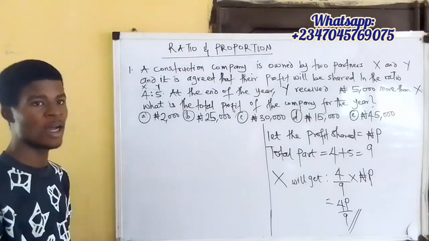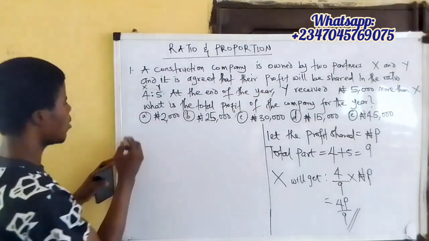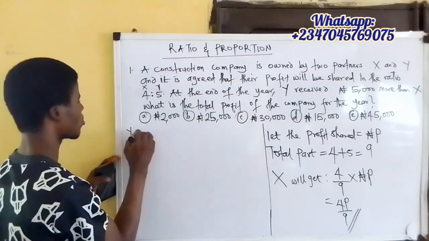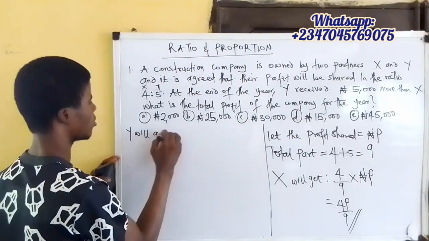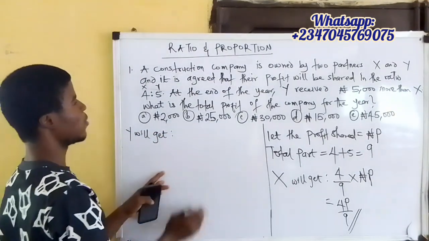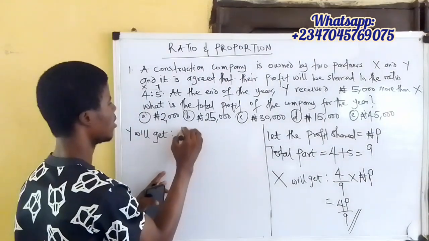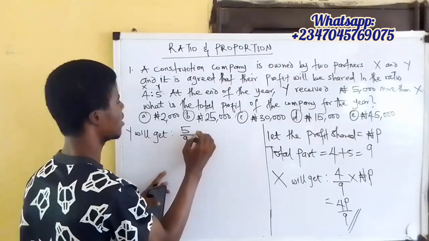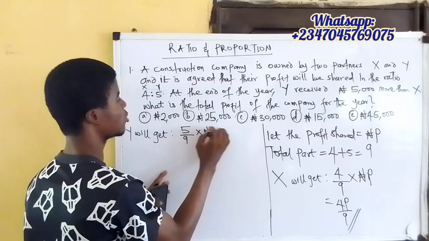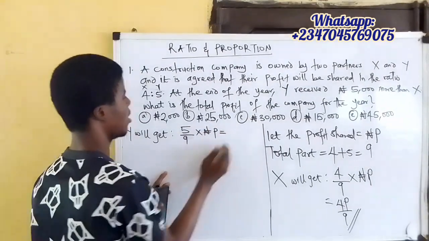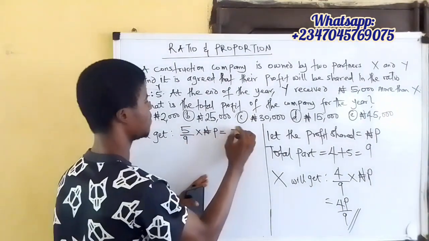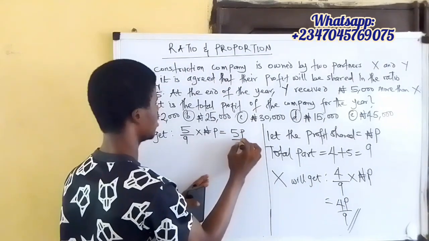Now what about partner Y? Partner Y will get the part for Y, which is 5 over the total part 9, times the total profit P naira. So 5 times P is 5P over 9.